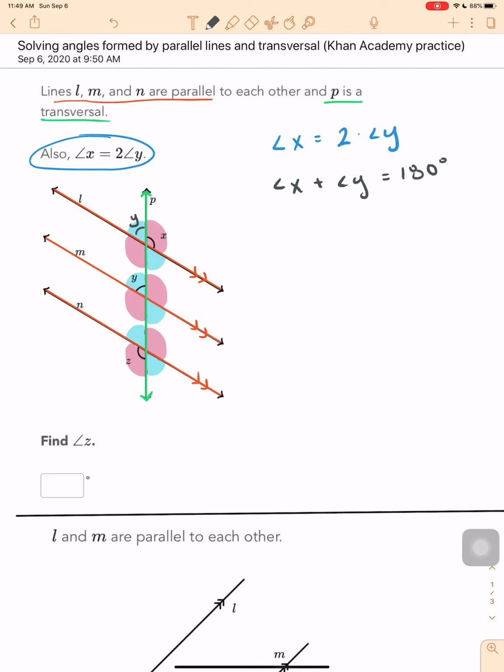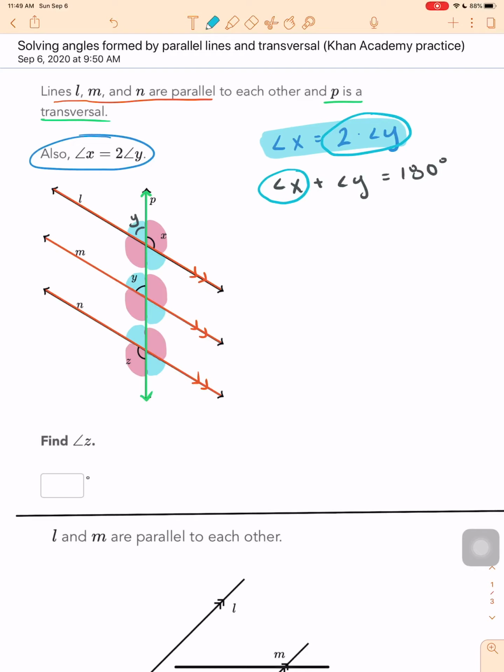So now our goal is to figure out what those measurements actually are. What's really nice here is that we are told angle X is equal to 2 times angle Y. So I want to plug 2 times angle Y in for angle X, because they are equal. Whenever you're solving for a variable, you want only one variable to solve for.